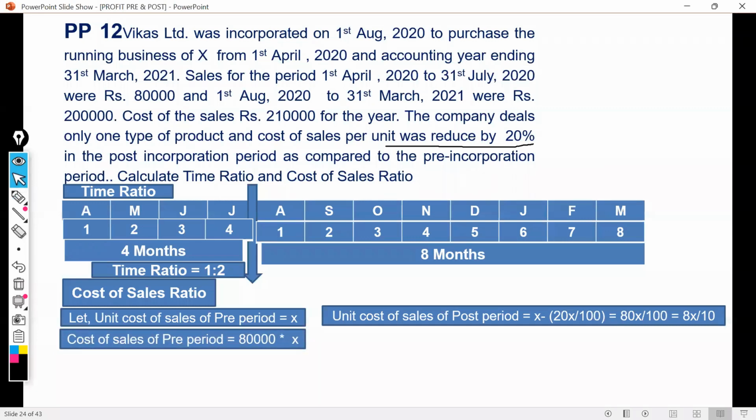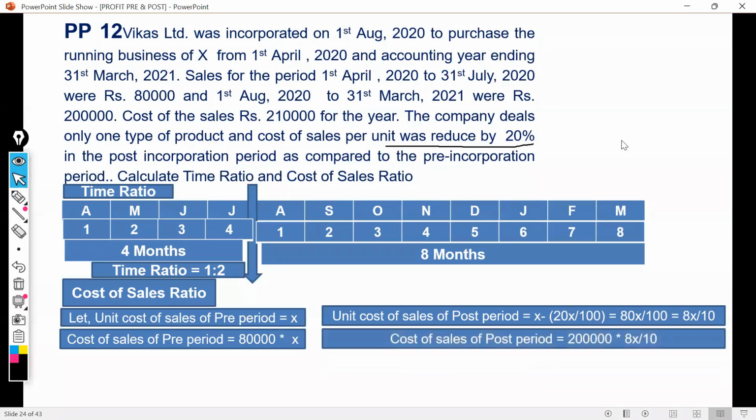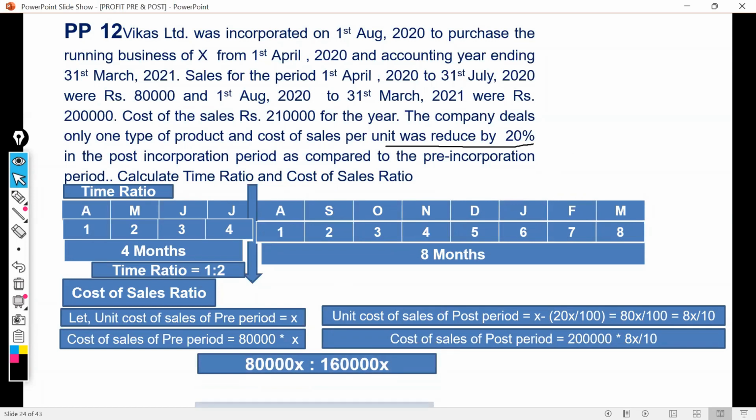Cost of sales pre-period is given 80,000 and post is 2 lakh multiplied by 8X upon 10 and pre 80,000 multiplied by X. Then the cost of sales ratio is 80,000X and 160,000X, that is 1:2.